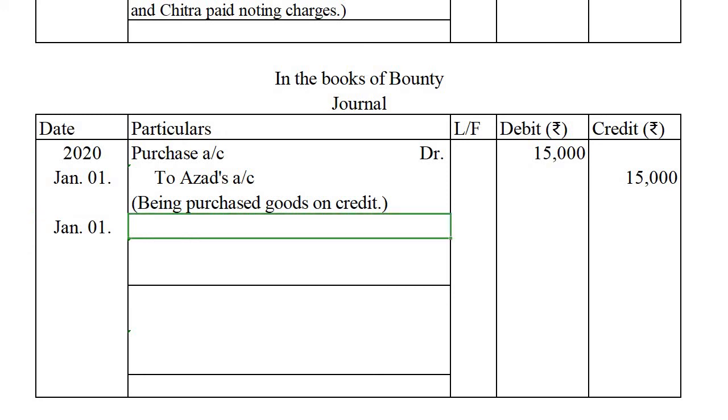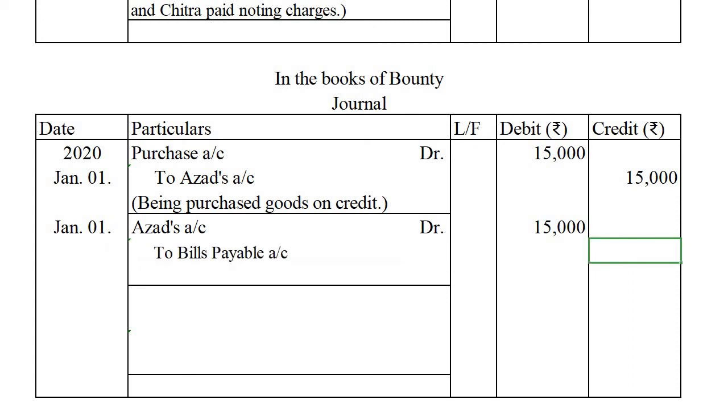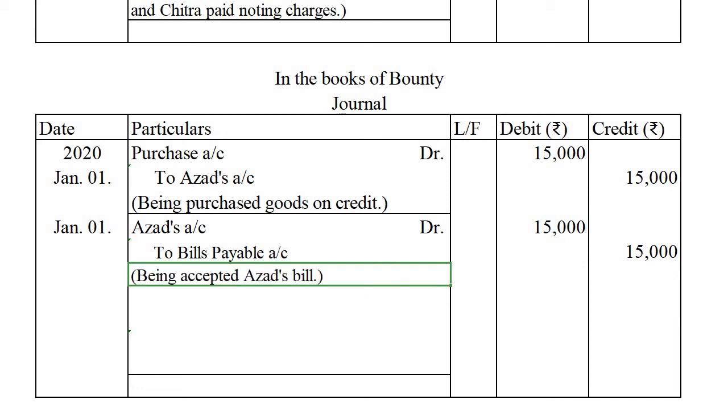So what will be the journal entry? Creditor debtor to bills payable. So Assad's account debtor 15,000 to bills payable account 15,000. Okay, so that bill is accepted.